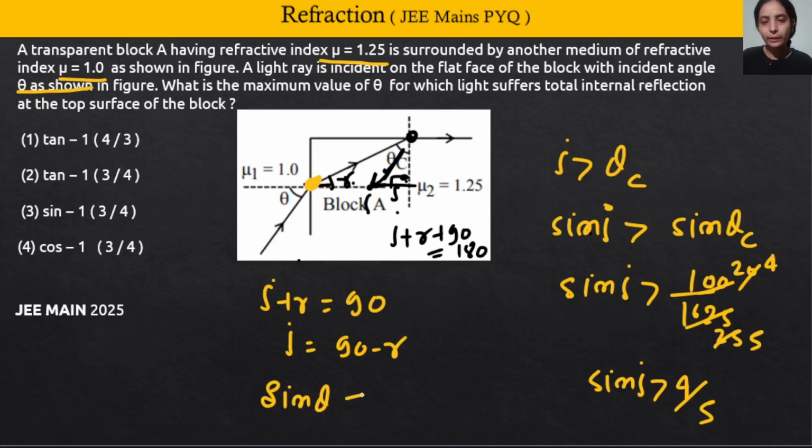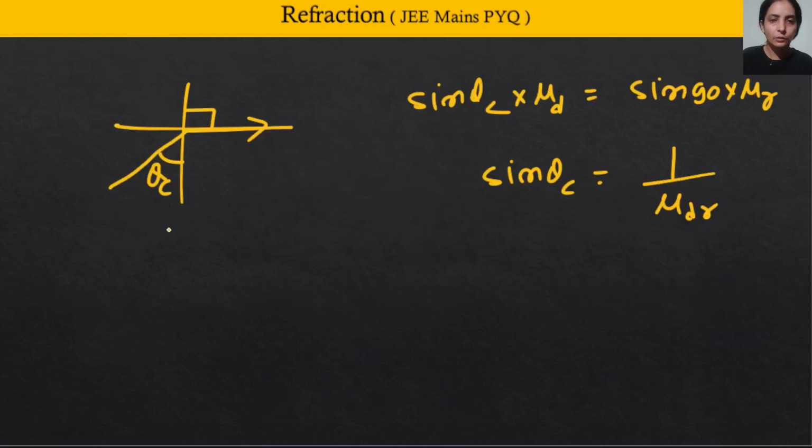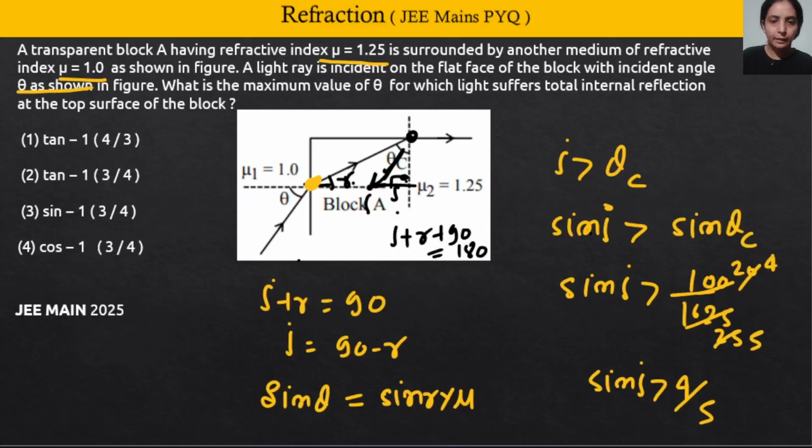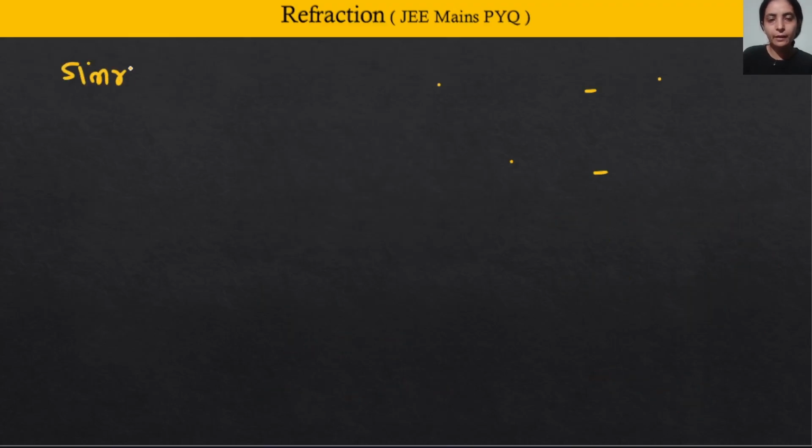So इस point पे अगर आप Snell's law लिखते हो तो क्या लिखोगे? Sin theta into 1 is equal to sin R into mu. राइट? So sin R is equal to sin theta by mu. चलो इसको यहाँ पे लिखते हैं, ठीक है? So let us do that. I mean, what we have got here, sin r mu is equal to sin theta. ठीक है?